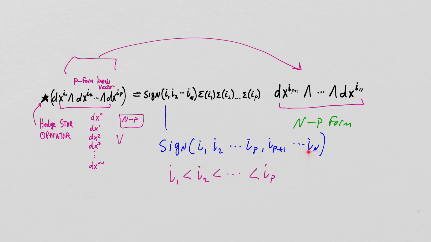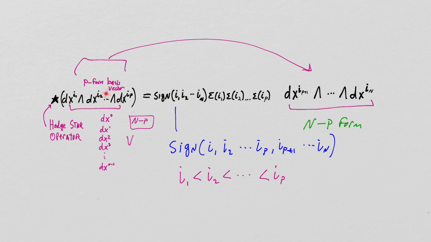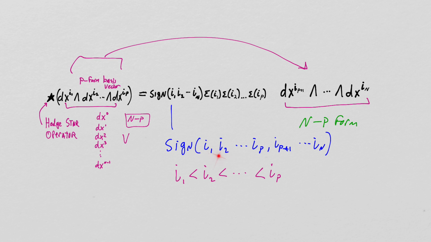So this sequence here is exactly this sequence followed by this sequence. So whatever sequence you chose for the basis vector you wish to seek the Hodge dual of, you line those up as the first P, and then the remaining ones that you've chosen that go P plus 1 to N, you line up as the remaining N minus P indices.